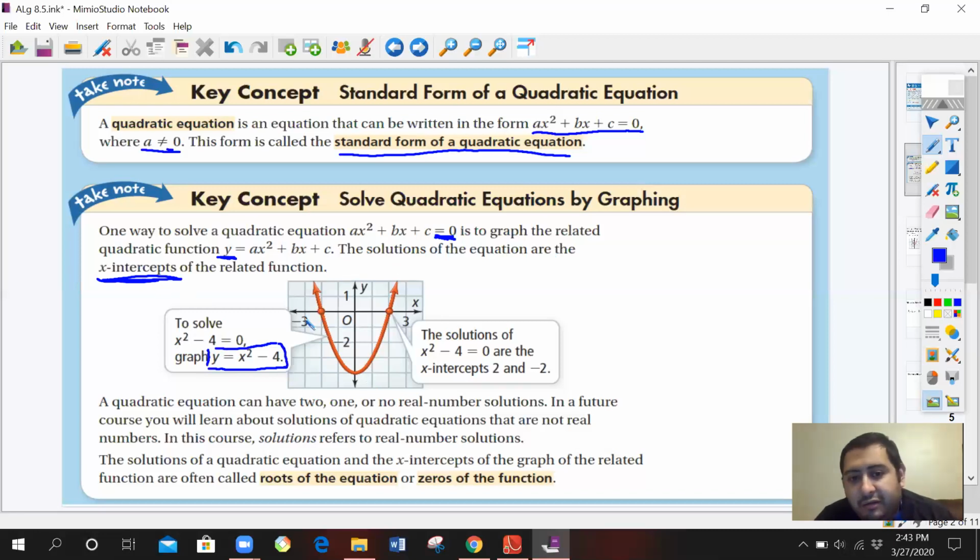As we analyze the graph, it intersects the x-axis at two locations. These two points are your x-intercepts, at 2 and -2. So these are your solutions.